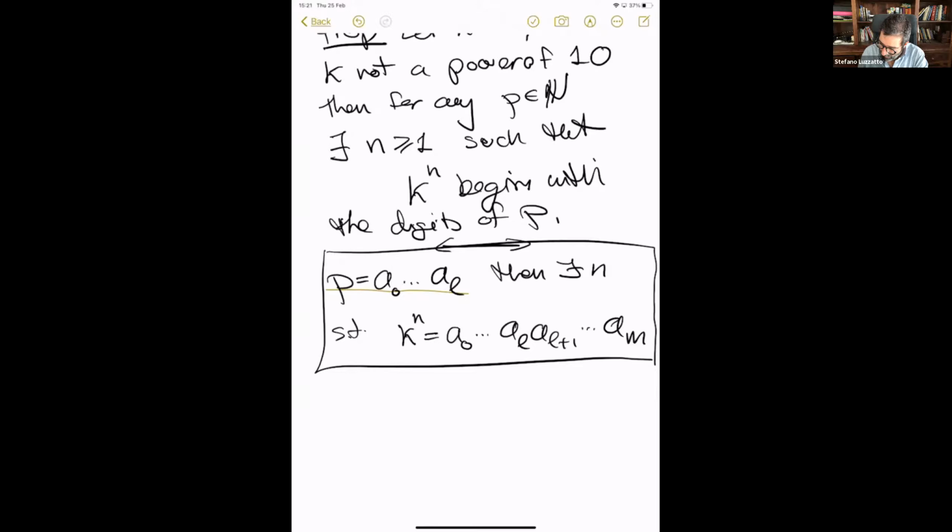What does this number a0 to al, al plus 1 to am really say? We can write this as a0 to al times 10 to the m plus al plus 1 to am.